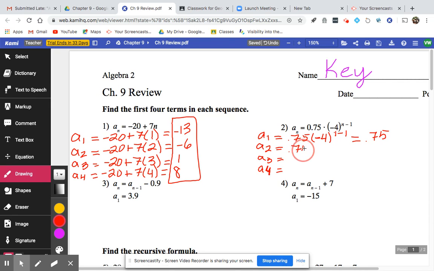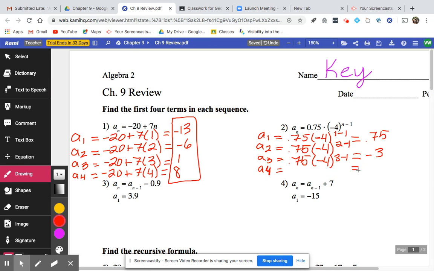So positive 0.75 times negative 4. I was getting my negative mixed up. This time it's to the 2 minus 1 power. Whenever you plug that in, you get negative 3. 2 minus 1 is 1. Negative 4 to the first is negative 4. Negative 4 times 0.75 is negative 3. 0.75 times negative 4, this time to the 3 minus 1 power.